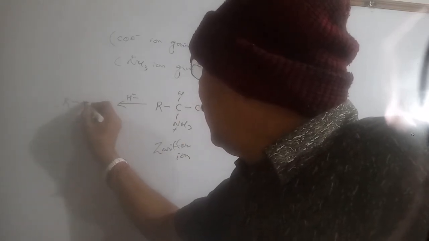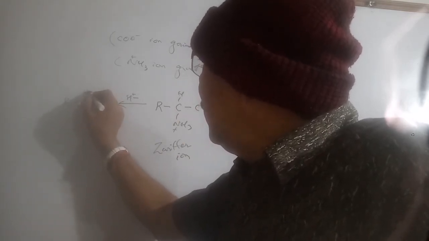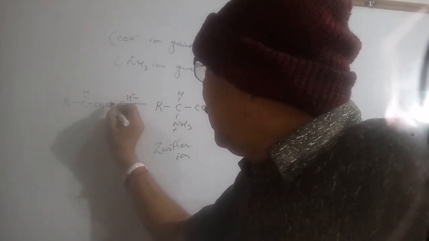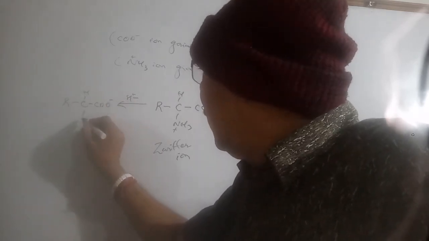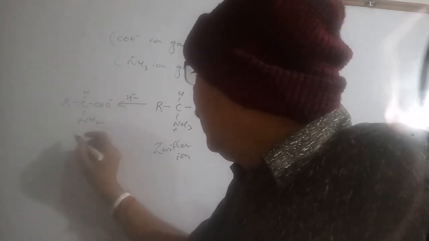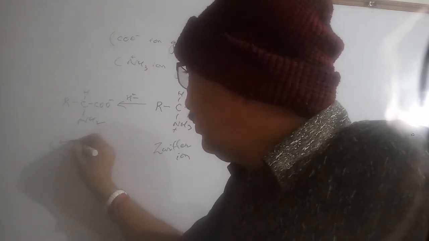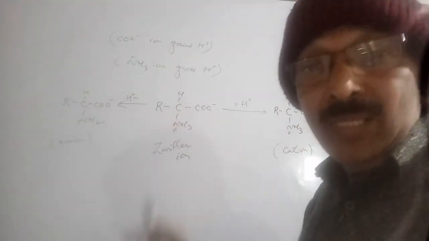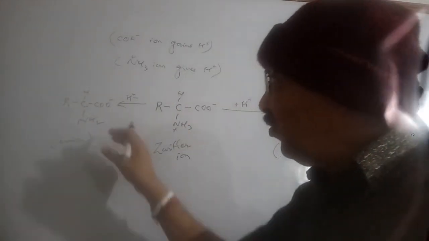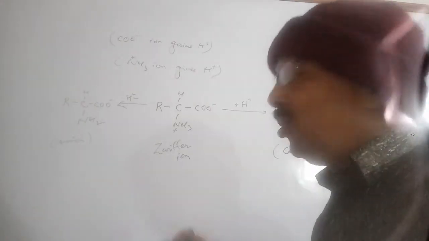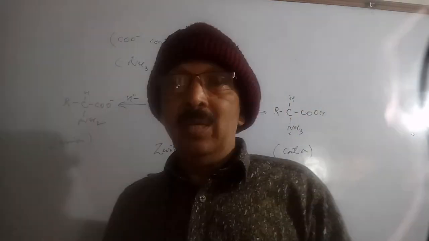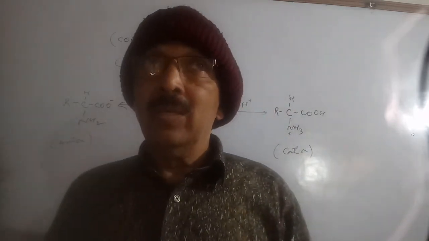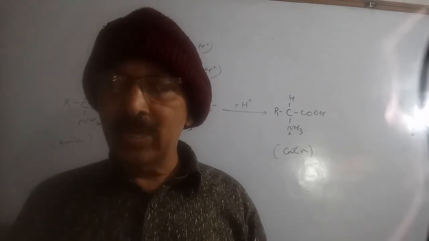R, C, H, C double bond O, O-, and here will be NH2, an anion. It loses a proton and forms an anion. Due to the zwitter ion, amino acids are amphoteric in nature.